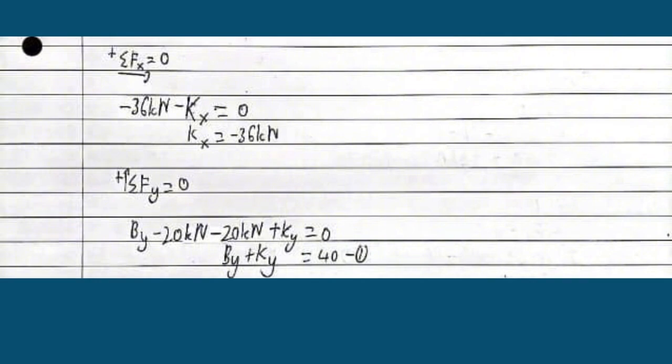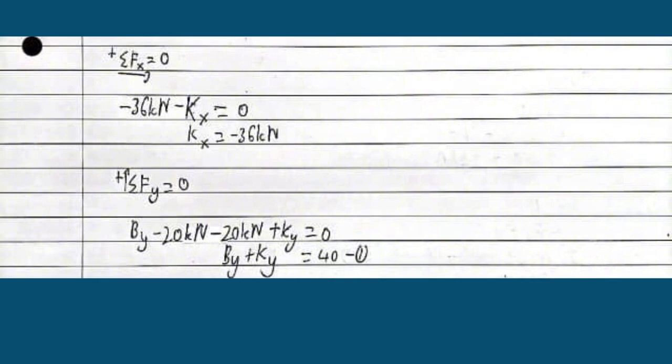For the x-axis, the sum of forces equals 0. Negative 36 kN, which is negative because it is in the opposite direction, minus Kx equals 0, so Kx equals negative 36 kN.